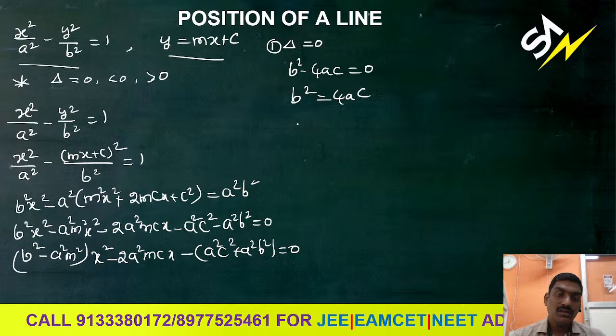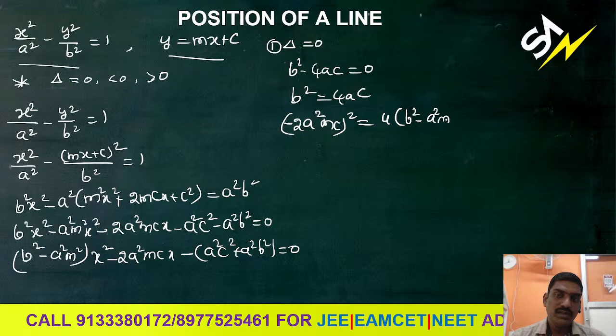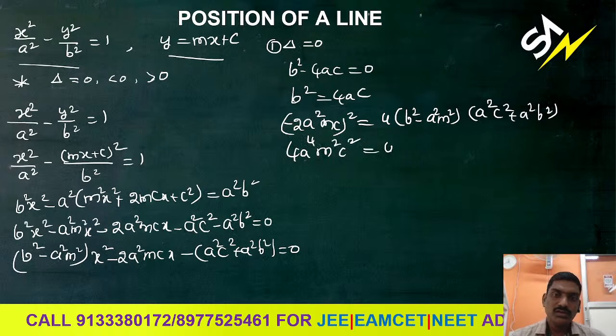What is b square here? Negative 2a square mc whole square, which is equals to 4 times (b square minus a square m square) into (a square c square plus a square b square). This is 4a to the power of 4 m square c square, which is equals to 4 times b square into a square c square.